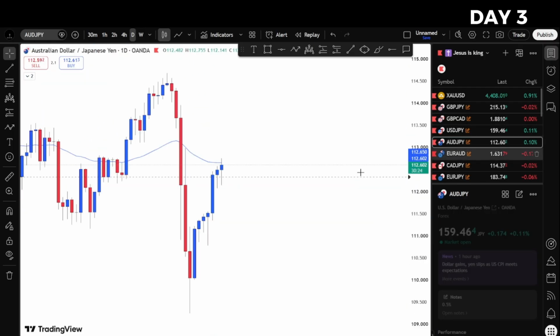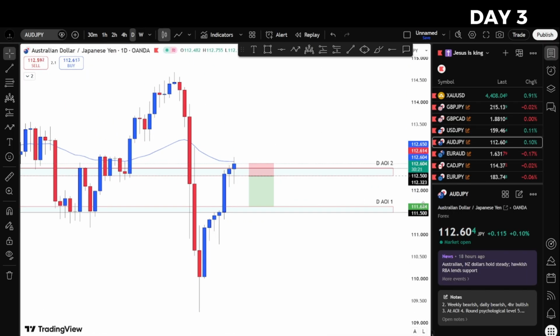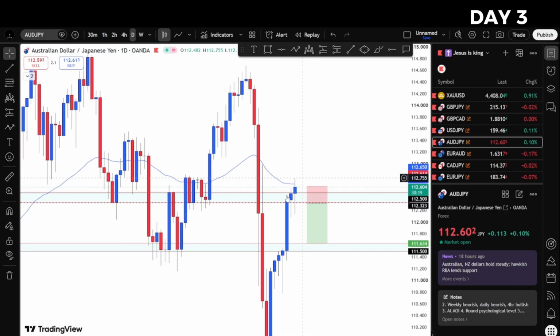So AUDJPY, I'm no longer interested in it, because if that candlestick closes above this area of interest right here, price would then be using it as a support instead of as a resistance. As you can see, whenever price is above this area, we use it as support. When we are below it, we use it as resistance.